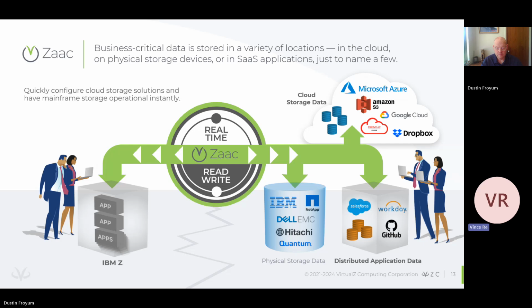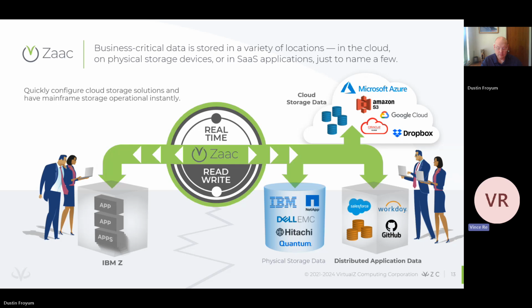We have examples of various types of cloud applications, like GitHub is one we talk about. Sometimes we can take source code that you've got in GitHub and make it look just like a local disk and local file on your mainframe. So very flexible, and of course you can have as many or as few of these as you want.